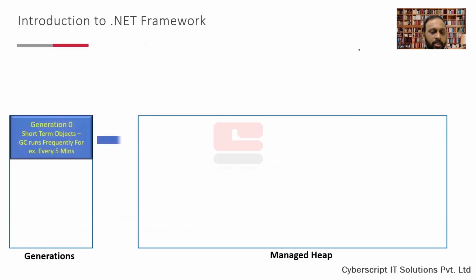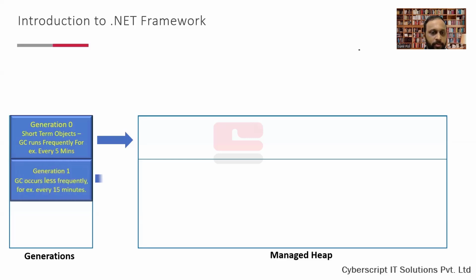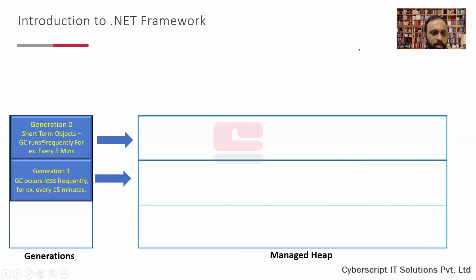So let's discuss generations of the garbage collector. This is generation 0. In generation 0, the garbage collector runs frequently. What does it mean? It will frequently visit this generation 0 section and check whether those objects are still referred to by any application root or not.